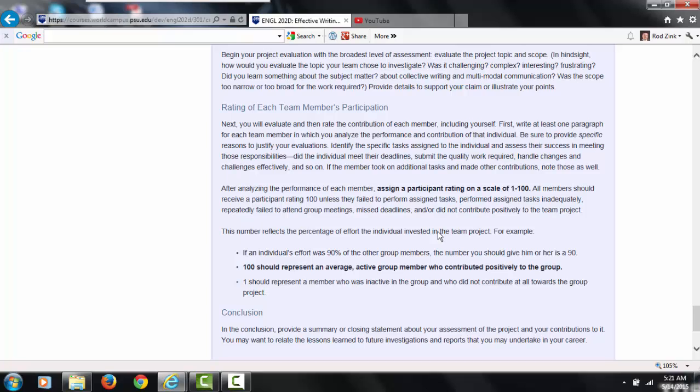In those cases, you should give a reasonably reduced rating to such members, supported by a detailed description to characterize the group member's work, or lack thereof, and your reasons for reducing the rating below 100%.